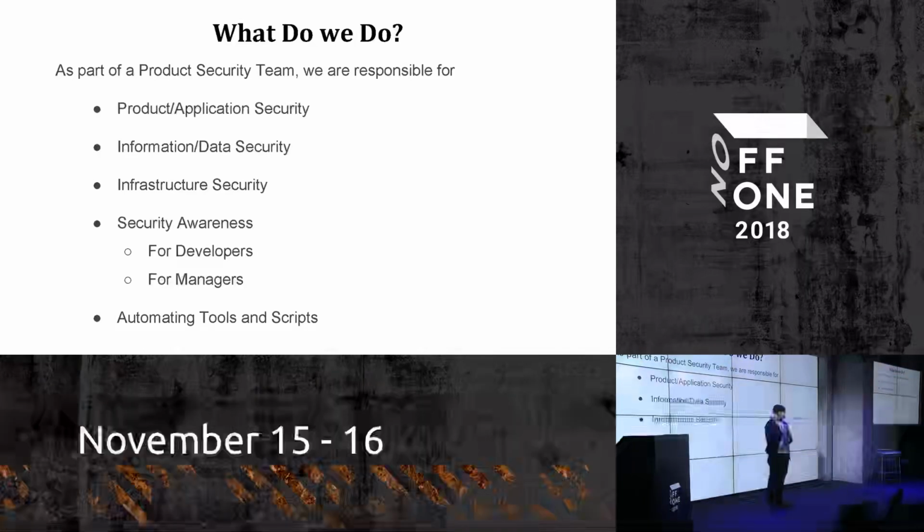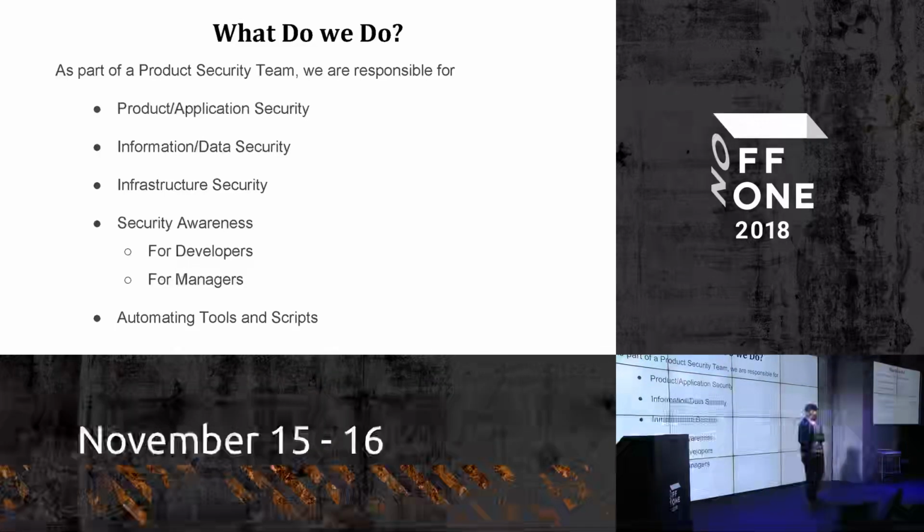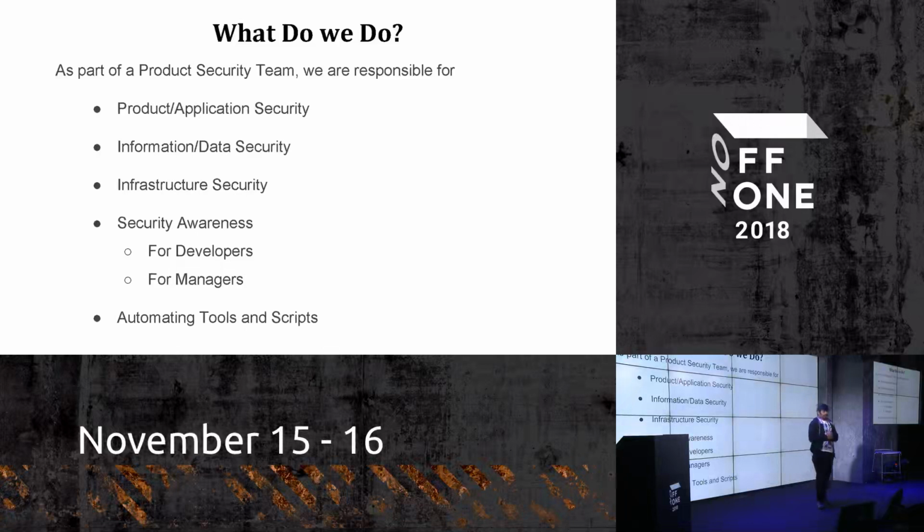We also work with the infra team for infra security, and apart from that, this is the main one: we take care of security awareness for the managers and the developers as well. Along with it, we build a couple of automation tools. Today, we are specifically focusing on the area where security awareness is required for the developers. We'll see why it is required, and how we are trying to make the developers more security friendly.